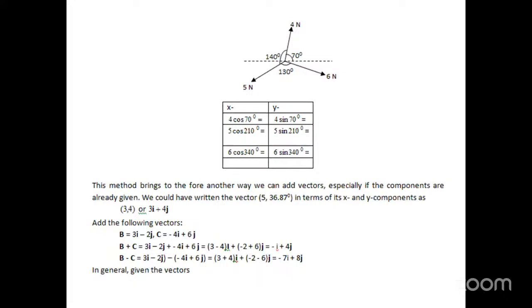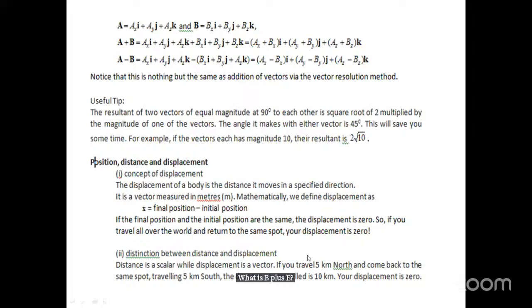As an example, add the following vectors. What is b plus c? Just add x component to x component and y component to y component to arrive at minus i plus 4j.